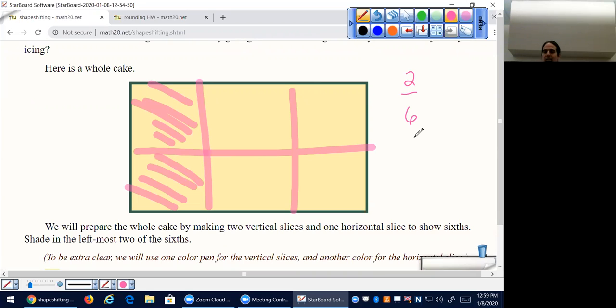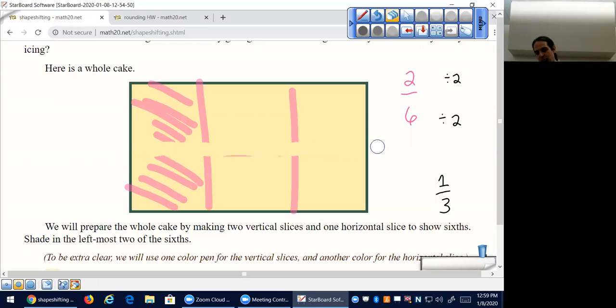Divided by 2. Yes, I'm going to do a divided by 2 top and bottom and get 1/3. What do I do in my picture? Erase that. Right, there we go.